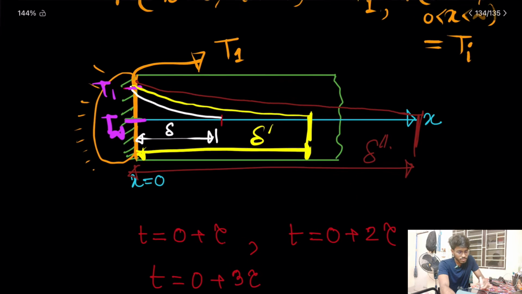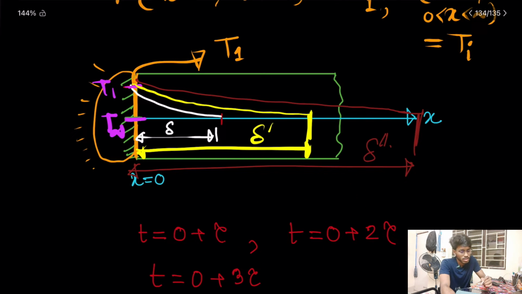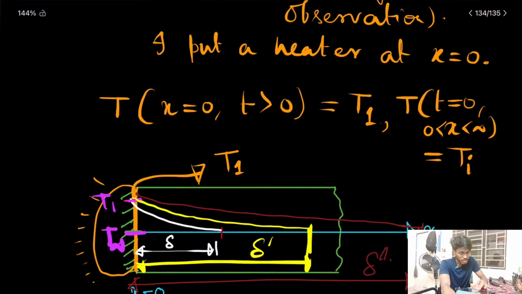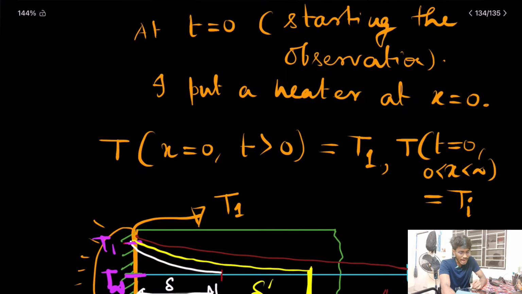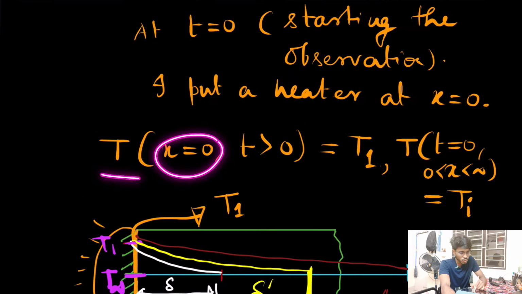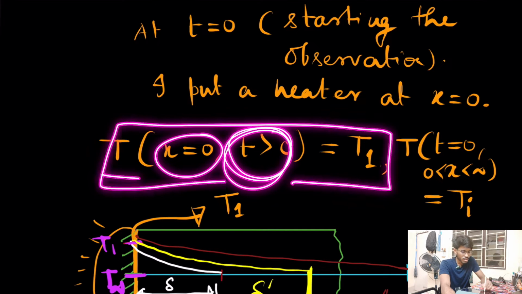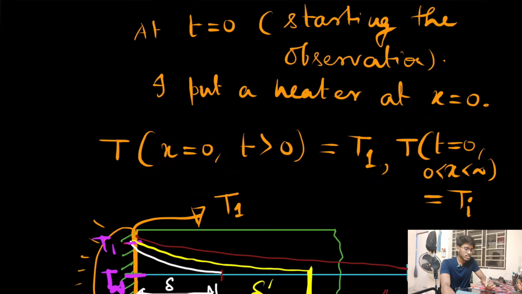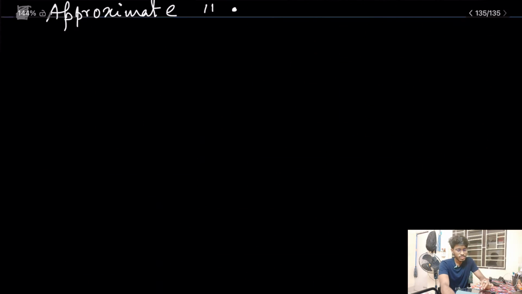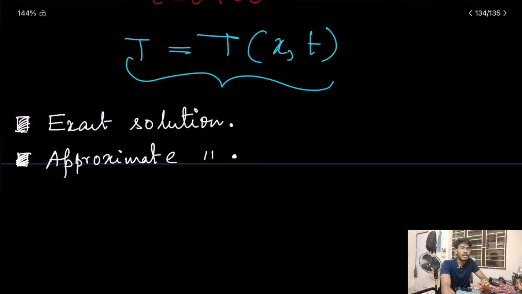For this particular problem, where you have the boundary condition that T at x equal to 0, for any t greater than 0, is fixed at T1, we do have an exact analytical solution. Now you might ask, if I have an exact solution, what is the need for an approximate solution?